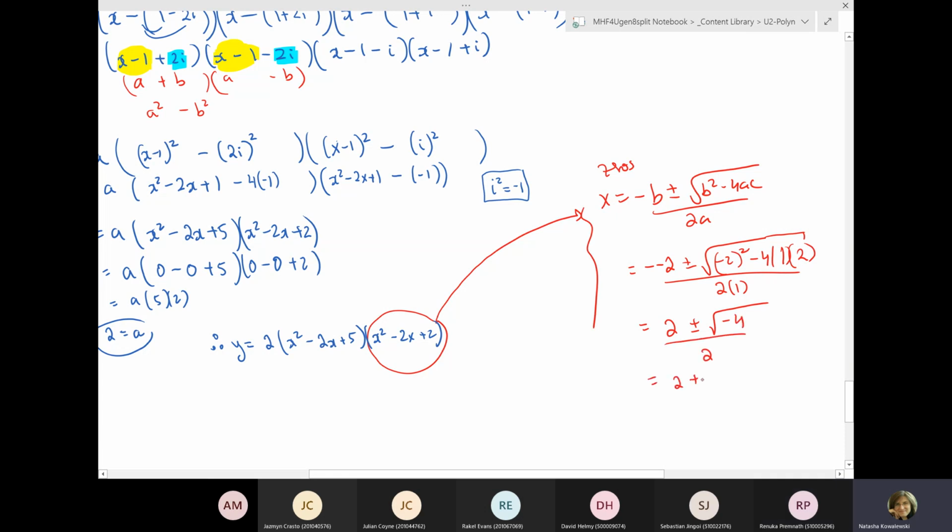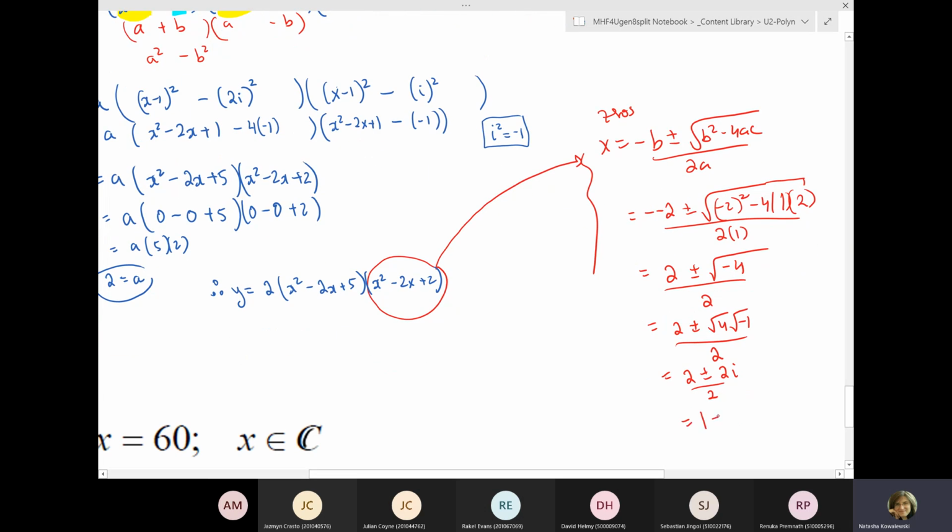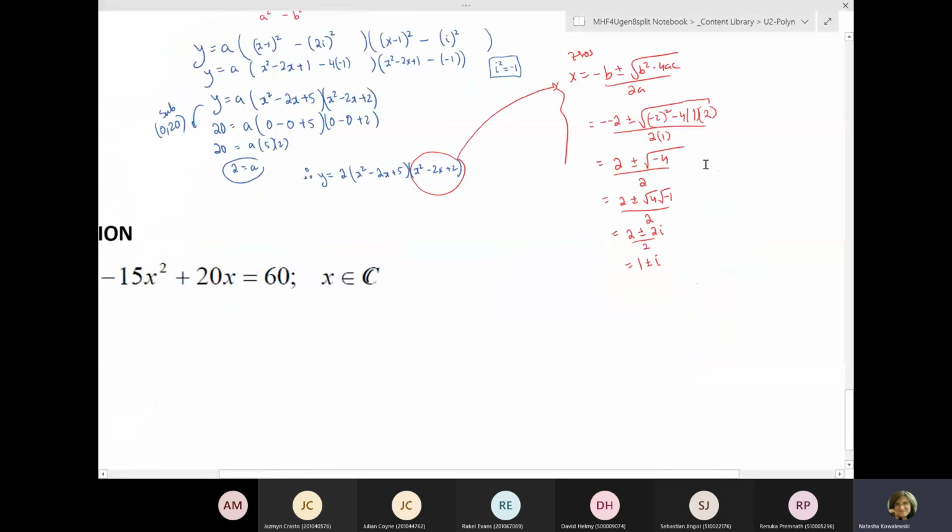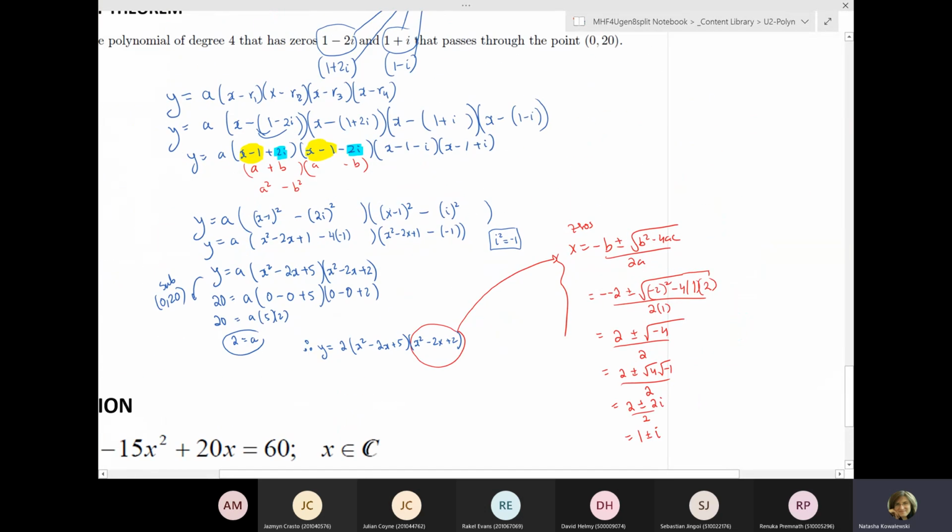And then you would say, well, square root of 4 and square root of -1 could be separated out like that. And so that would be plus or minus 2i all over 2, which actually gives you exactly one of the 2 pairs that we were talking about. So the reason why I did that for you is so that you understand why they come in pairs, because it's coming from the quadratic formula, which always has plus and minus in the middle.